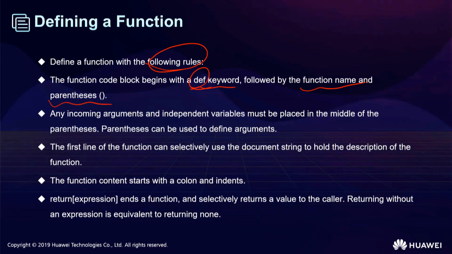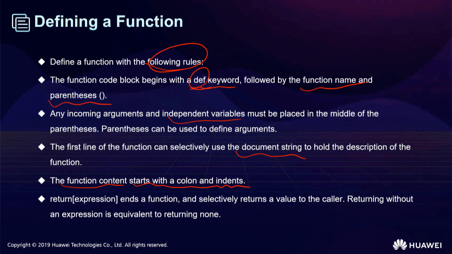Any incoming arguments must be placed in the middle of the parentheses, and parentheses can be used to define the arguments. The first line of the function can optionally use a docstring to hold the description of the function, and the function's body starts with the colon and the indent.